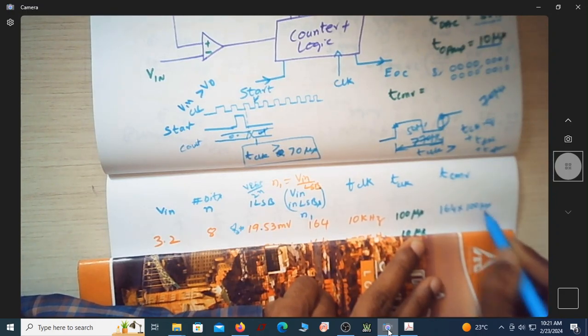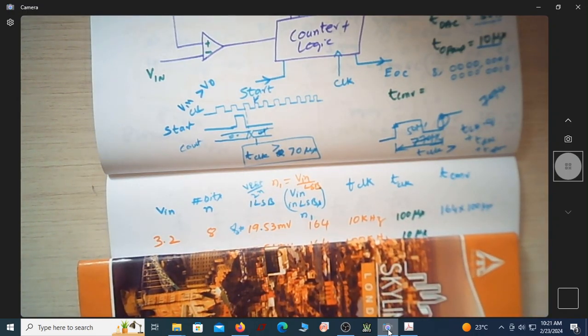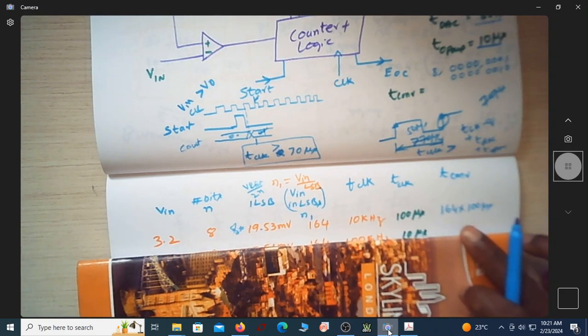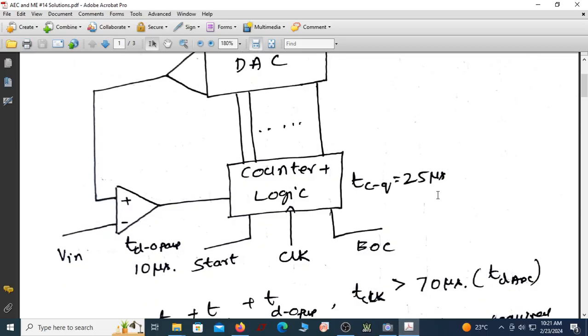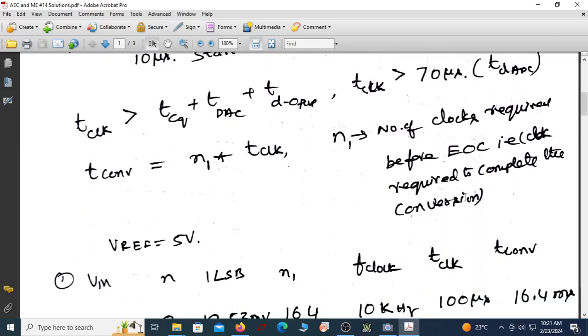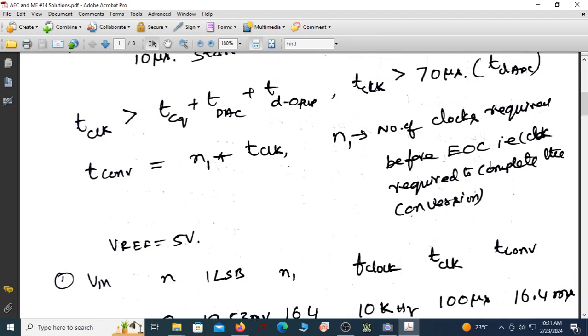So the conversion time happens to be 16.4 millisecond, because the clock period is more than 70 microsecond.